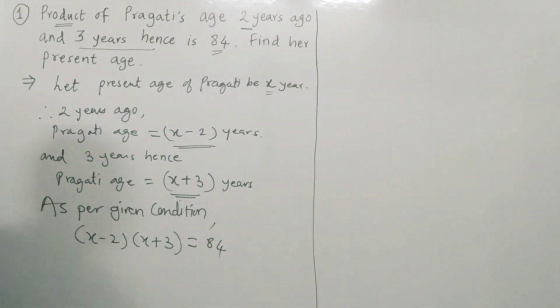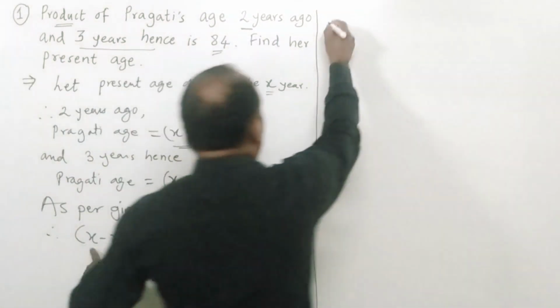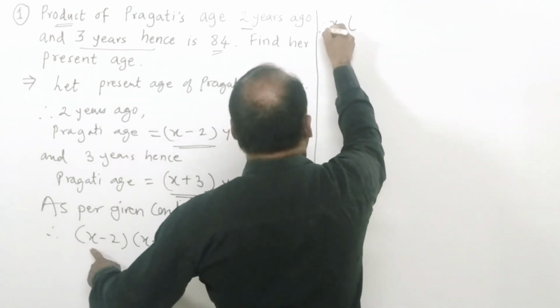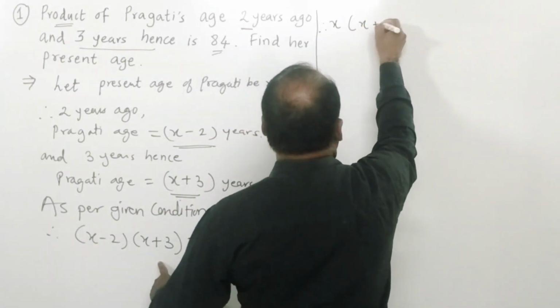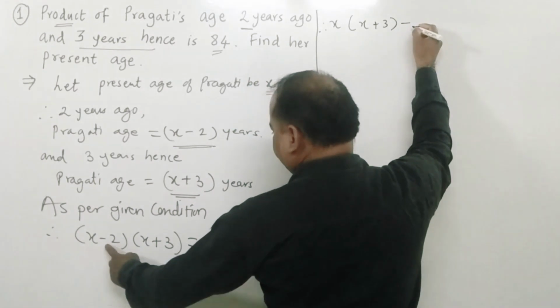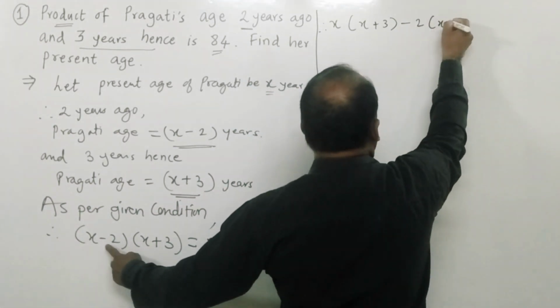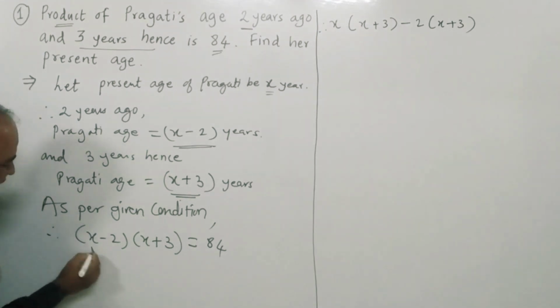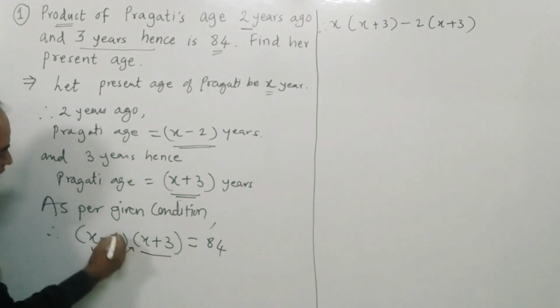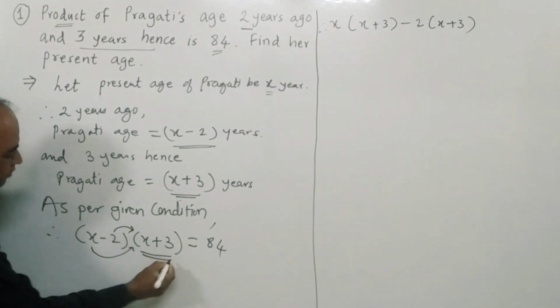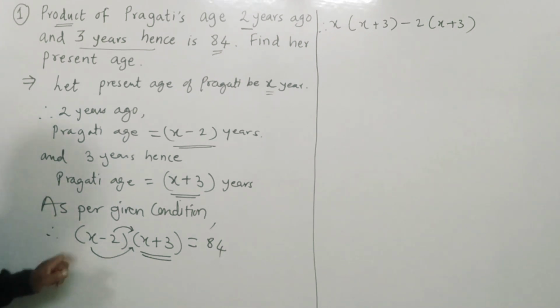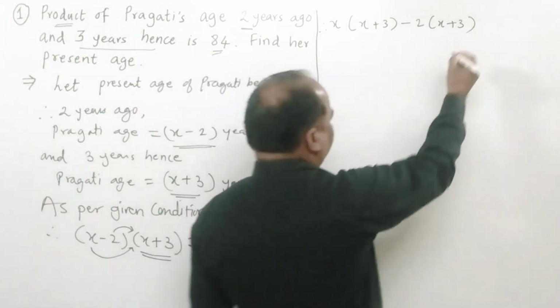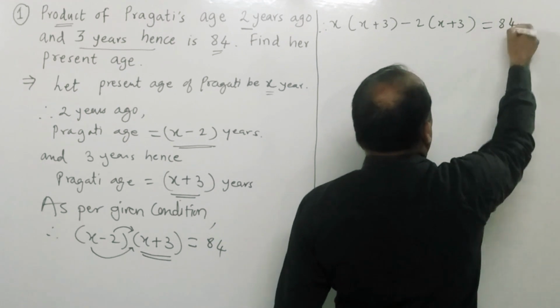Now we'll solve this. We multiply the brackets on the left hand side: x into (x plus 3) minus 2 into (x plus 3). The first term of the first bracket multiplies the second bracket, and the second term again multiplies the second bracket, which is equal to 84.